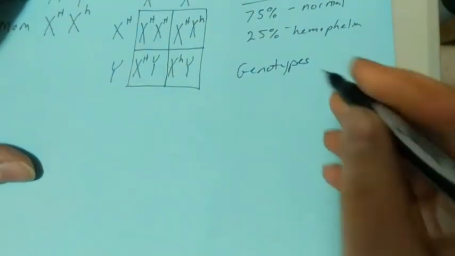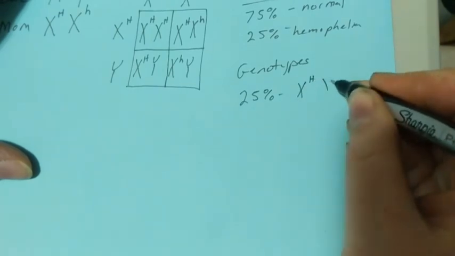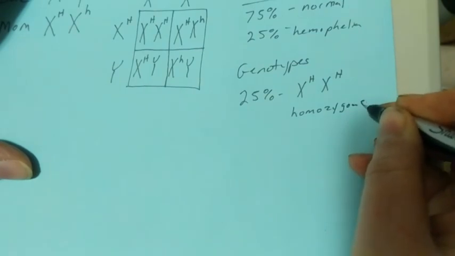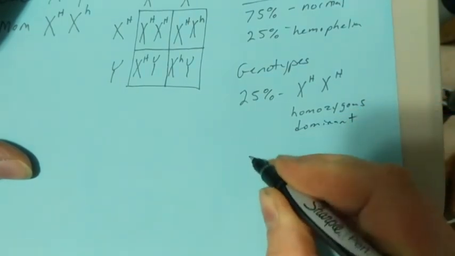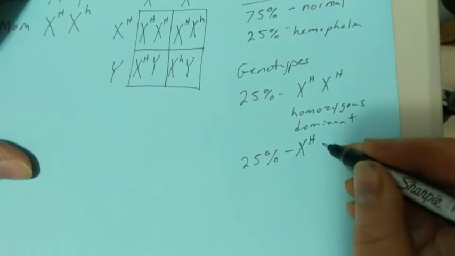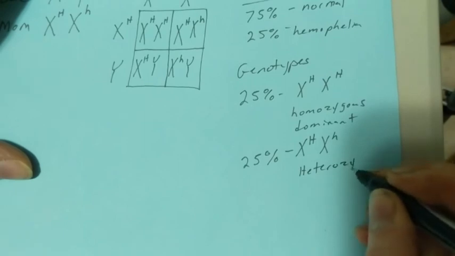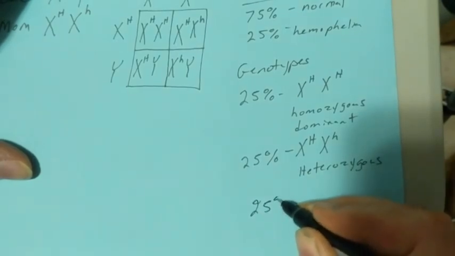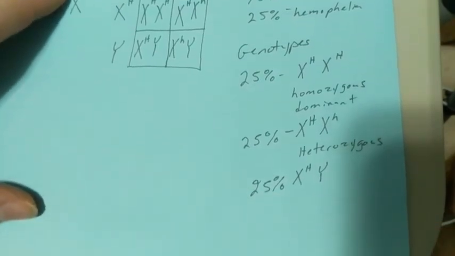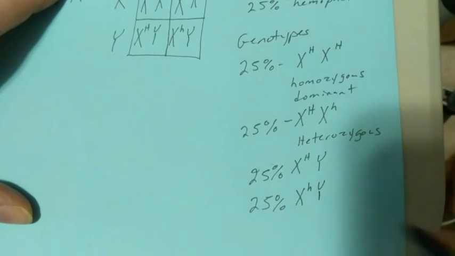Let me shift this a little bit. 25% homozygous dominant female, 25% heterozygous, 25% male who is hemizygous for the dominant trait, and 25% chance male who is hemizygous for the recessive trait.